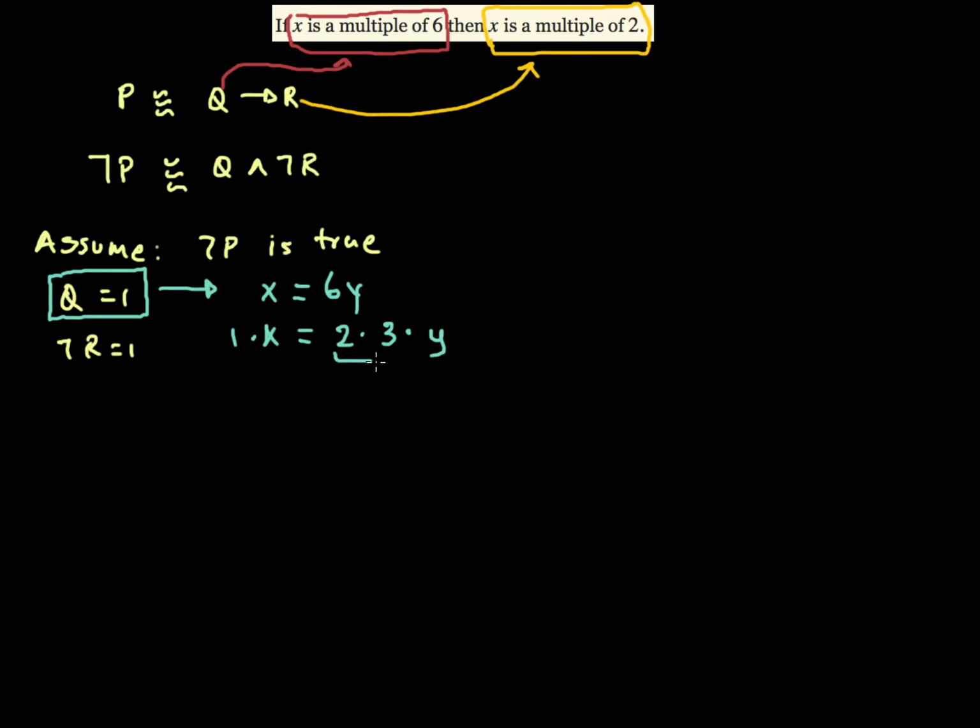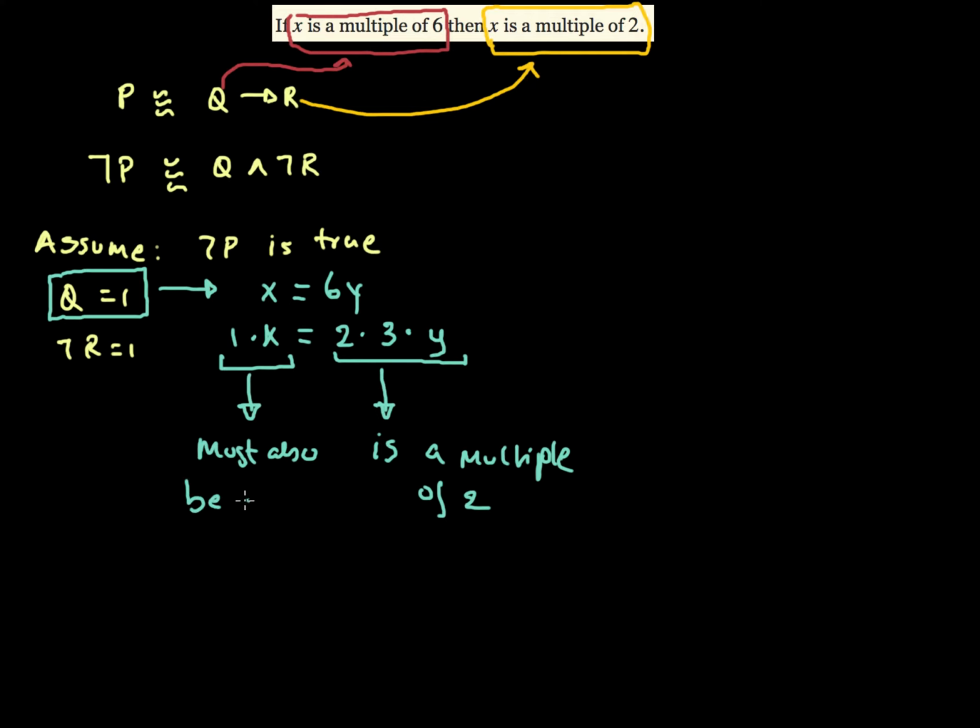Now I also know that this piece over here is definitely a multiple of 2, which means if the right hand side is a multiple of 2, the left hand side must also be a multiple of 2.